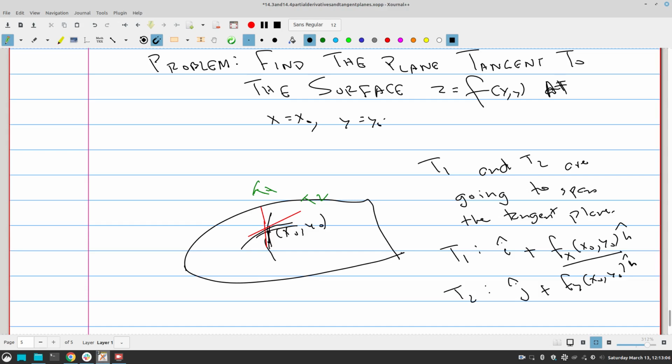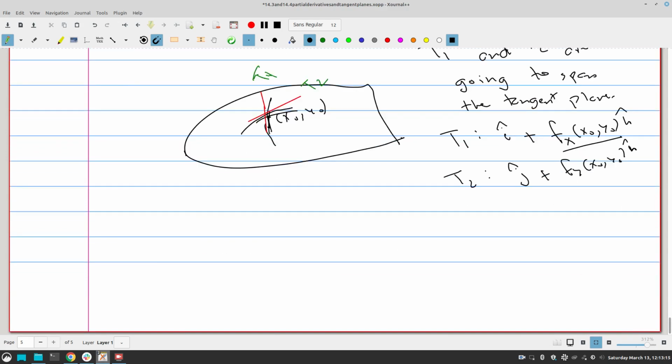So T1 and T2 are vectors on the plane. A vector that is perpendicular to the plane could be given by T1 cross T2.